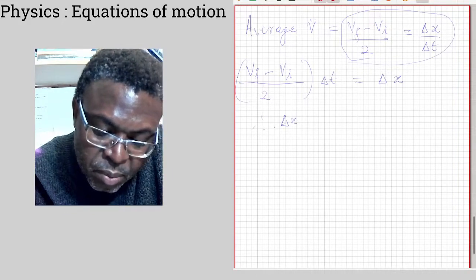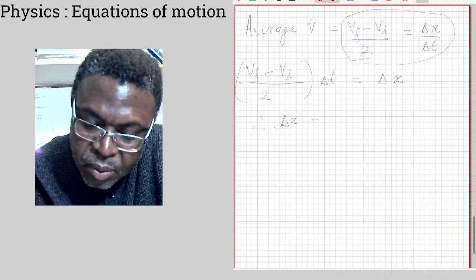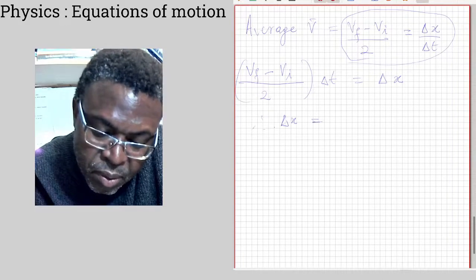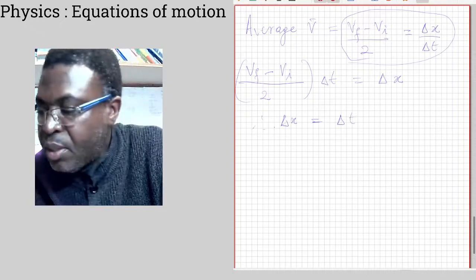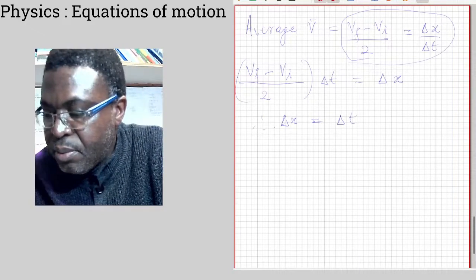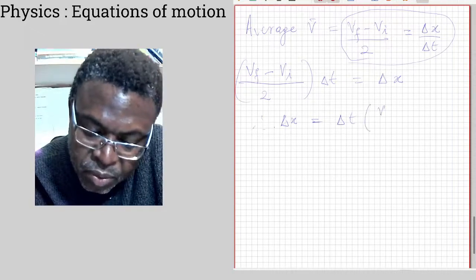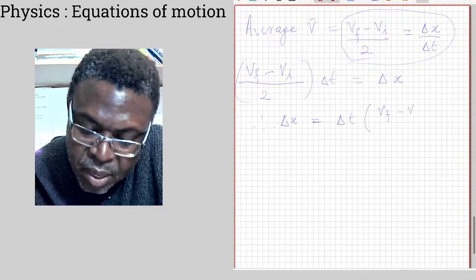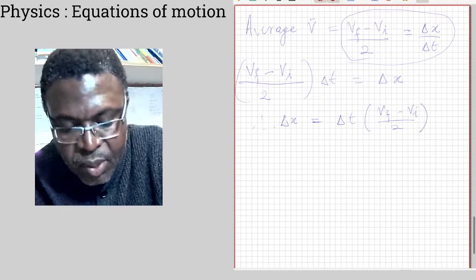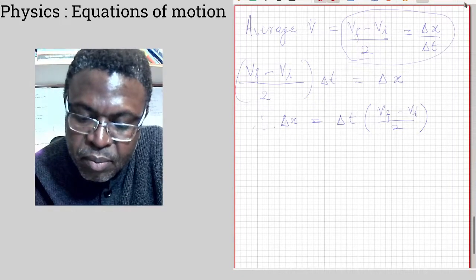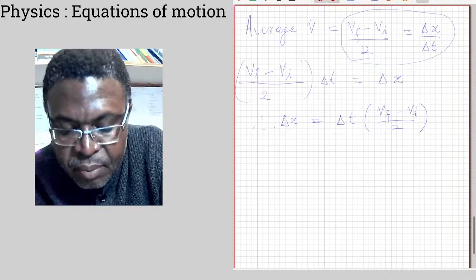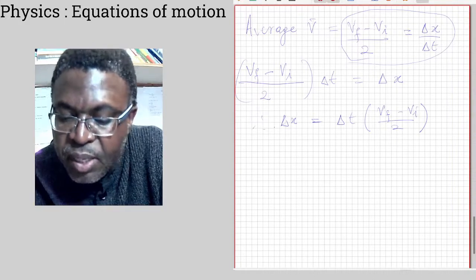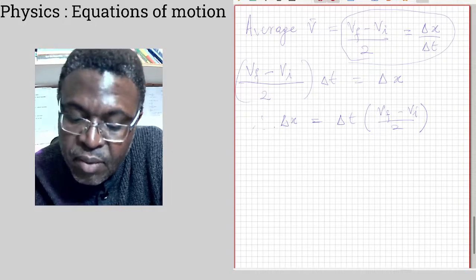We have our displacement equal to change in t times Vf minus Vi over 2. Simple. What did we do here? Average velocity is final velocity, subtract initial velocity, divide by 2.